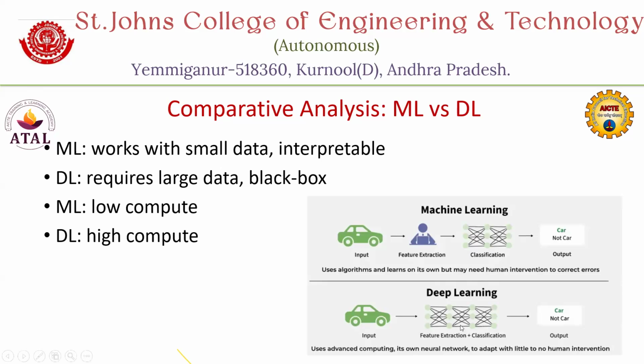You can see that the feature extraction and the classification are entirely taken care of by the deep learning algorithms, which is a completely black box. We cannot understand how, because it is a highly computationally complex system. It is very difficult for the user to understand this, so that's why we have used the word black box.